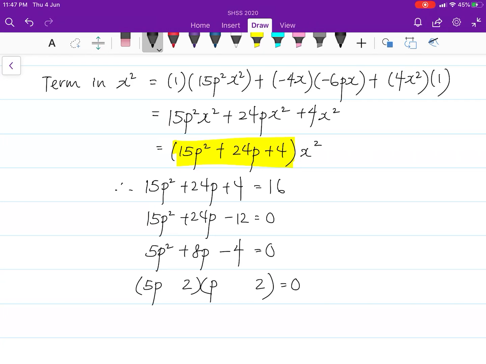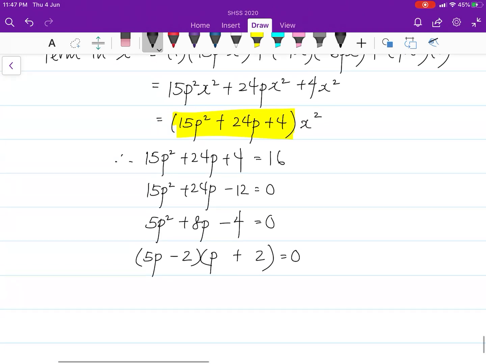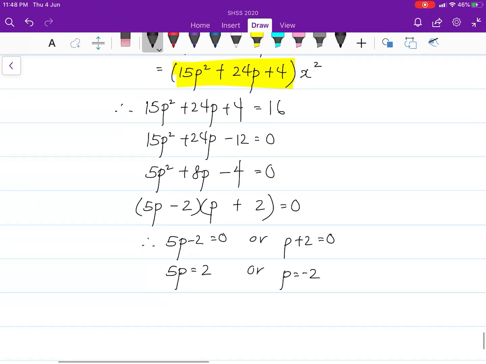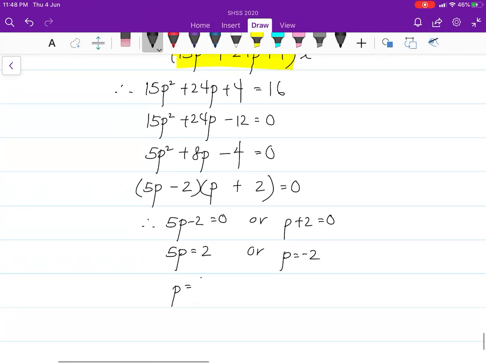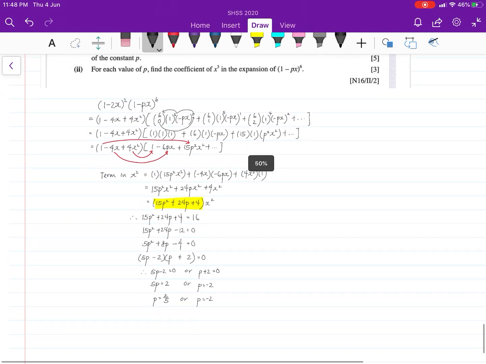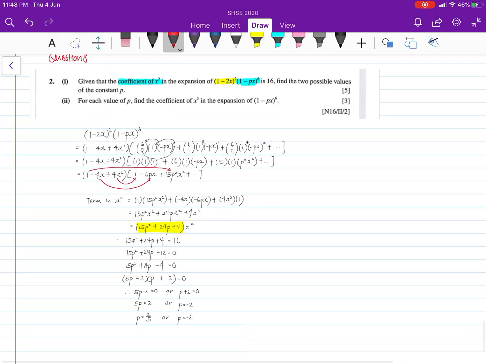To get positive 8 is plus and this is minus. So therefore, 5p minus 2 equals to 0, or p plus 2 equals to 0. 5p equals to 2, or p equals to minus 2. Bring over, p equals to 2 over 5, or p equals to minus 2. See, I will have two values of p that they wanted. You see, find two possible values of the constant p.